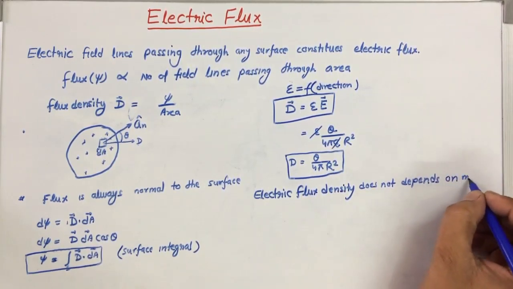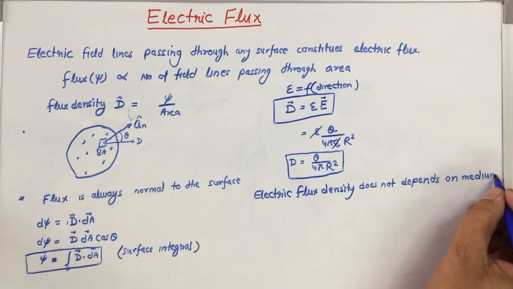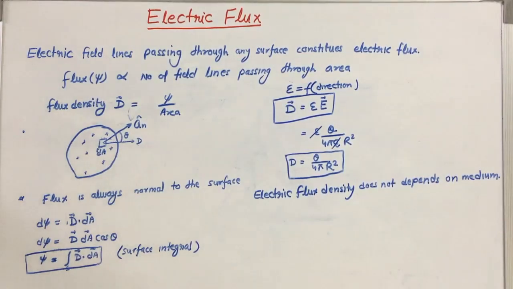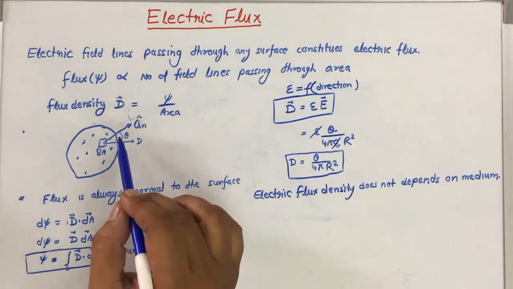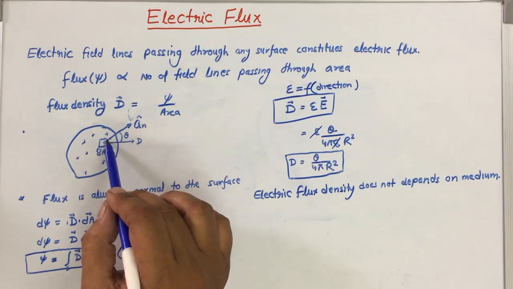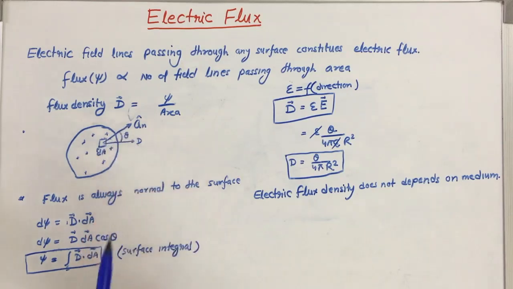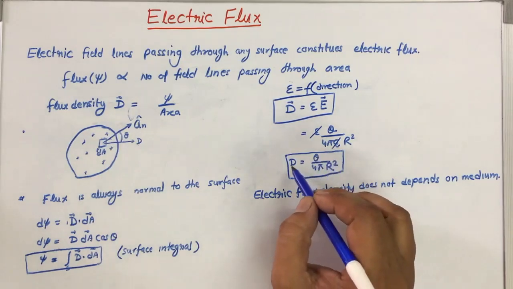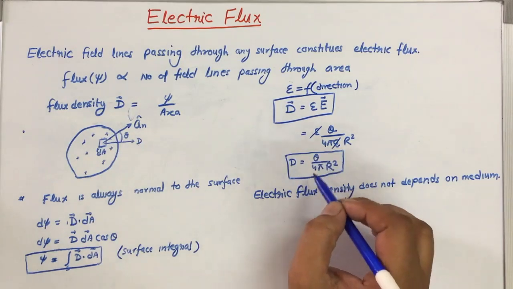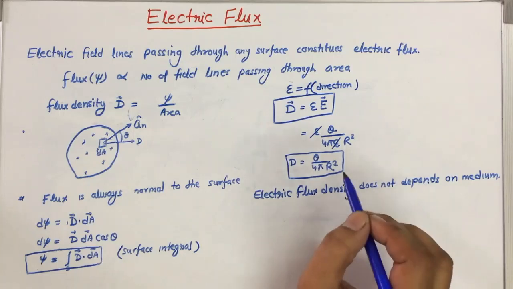Now in one sentence we can recap. The flux is the electric field lines in the direction of the normal to the surface, and the flux density does not depend on the medium.